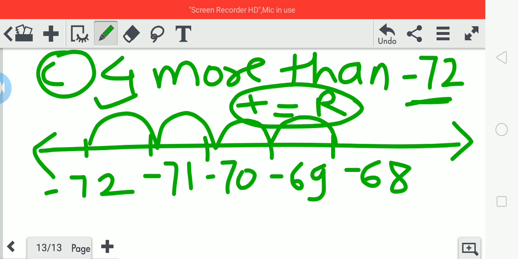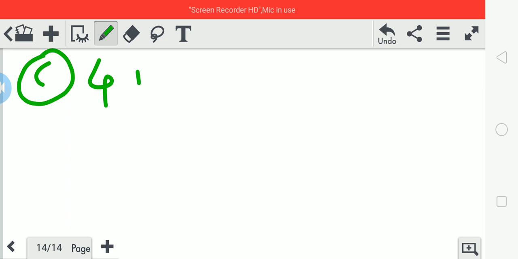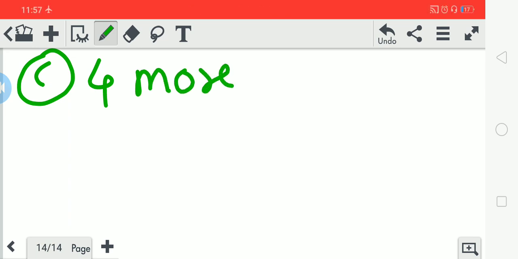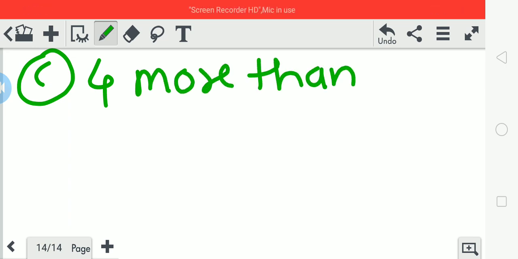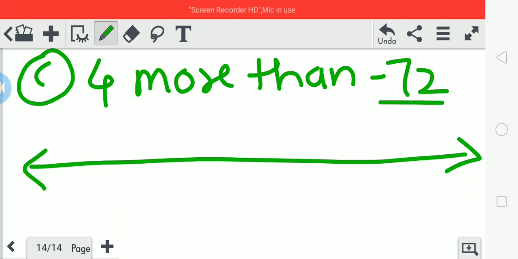I repeat the question again. The question was 4 more than minus 72. Till minus 72 the number line is a little bit difficult to draw. So we can solve this kind of question this way. Minus 72 we are considering here as the second number. So minus 72, more means addition, right?